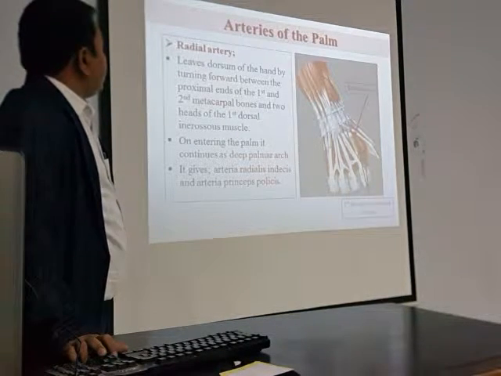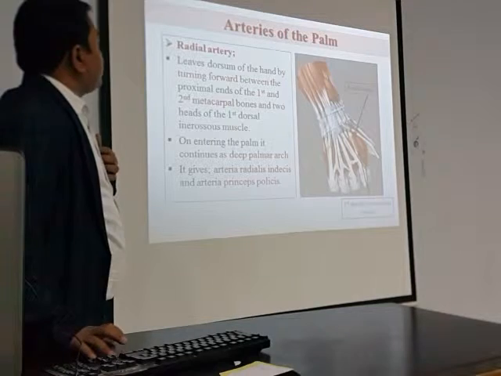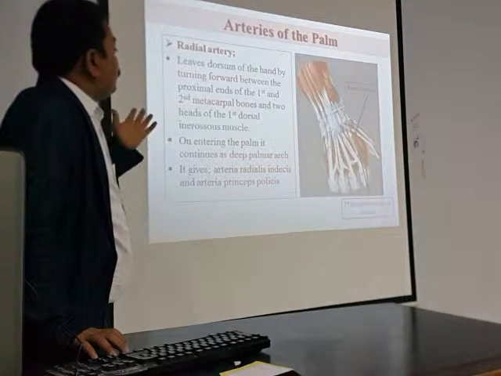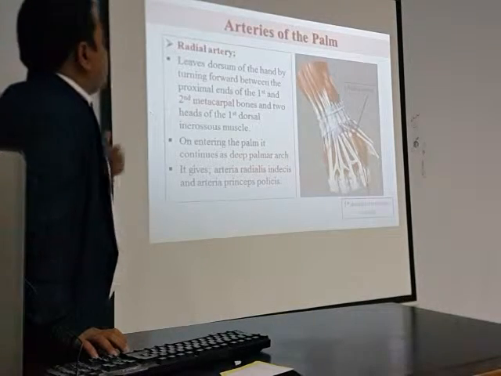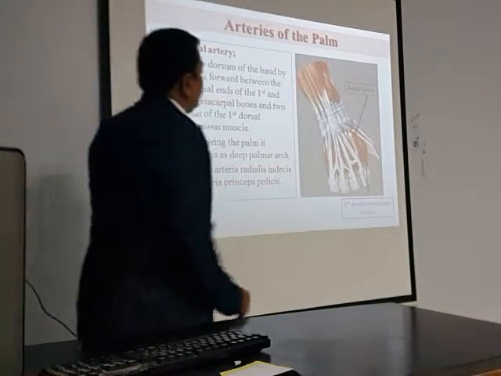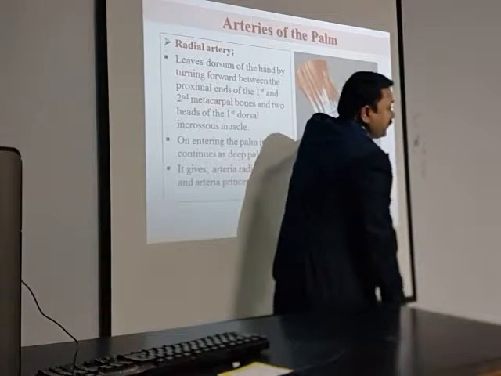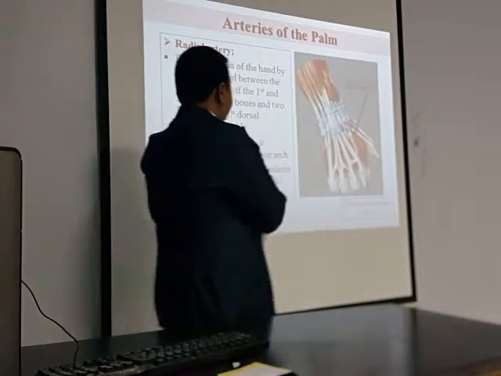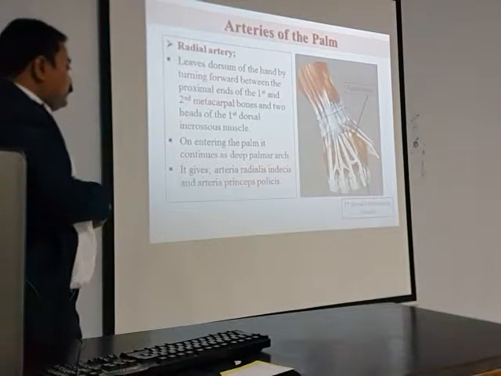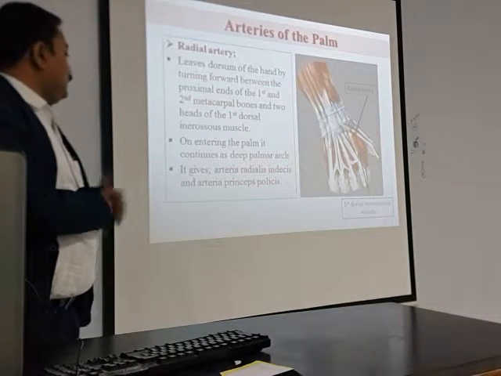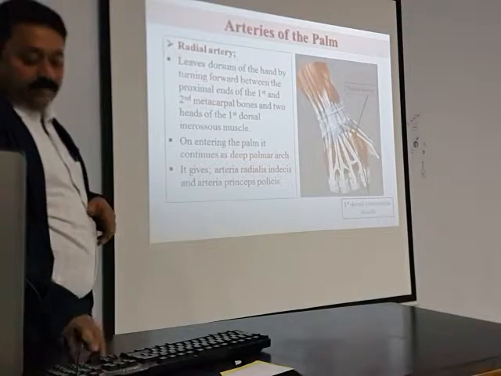And next is the radial artery. It leaves the dorsum of the hand by turning forward between the proximal ends of the first and second metacarpal bones. It winds around and enters the palm, and it gives rise to the radialis indicis and the arteria princeps pollicis.